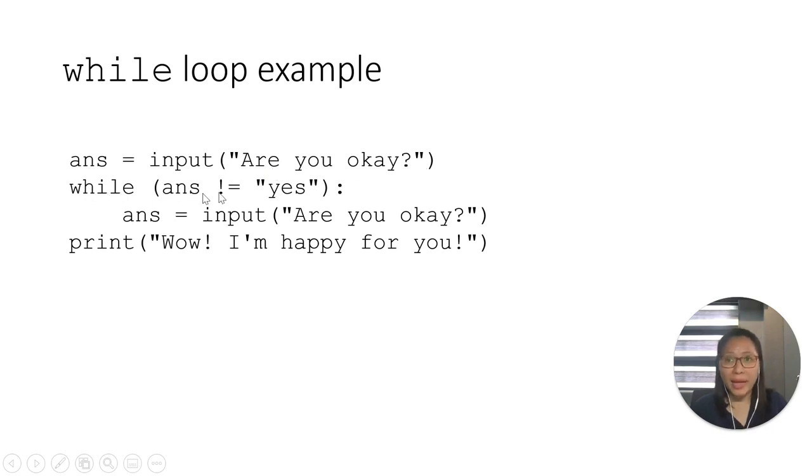And then while ans is not equal to yes, we continuously ask for user input. If the answer is yes, that's the time the program exits from this while loop and then prints this, wow, I'm happy for you. So this way, even if the user answers no 100 times, 1,000 times, this is still a solution to the problem.